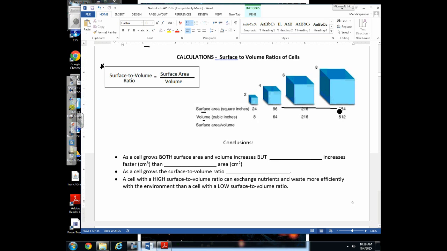So let's indicate that. Let's write SA increases. And of course, so does volume. So let's indicate that. So let's write volume increases, but we're going to add at a greater rate.